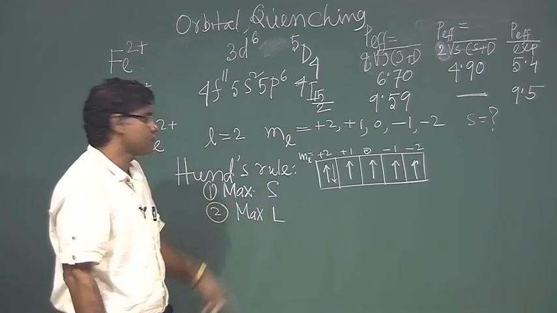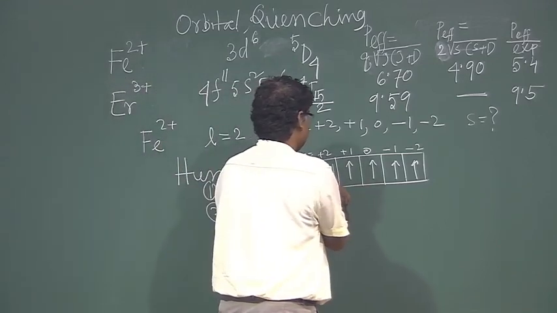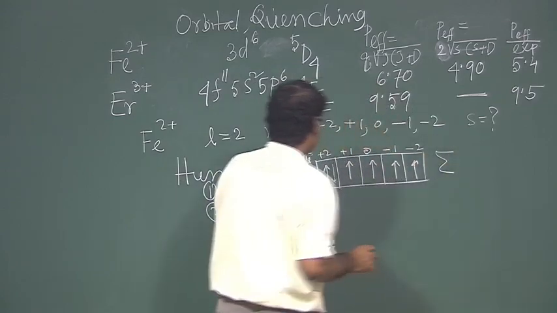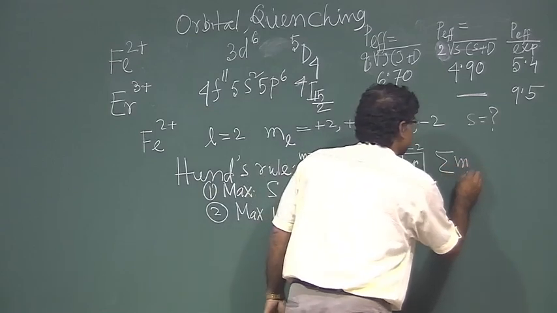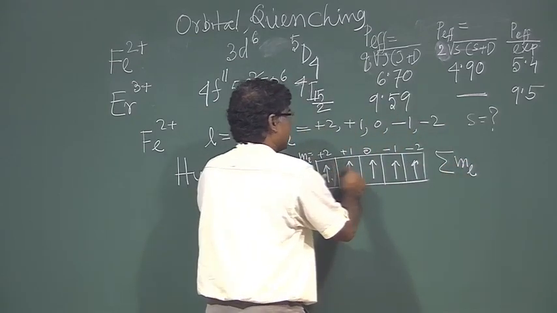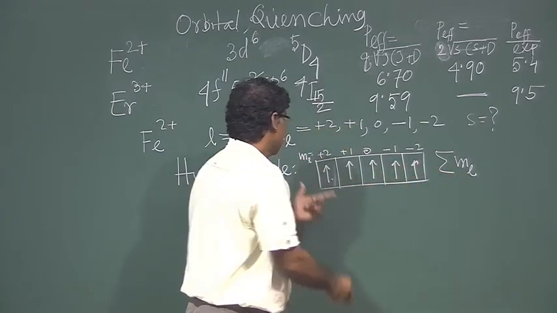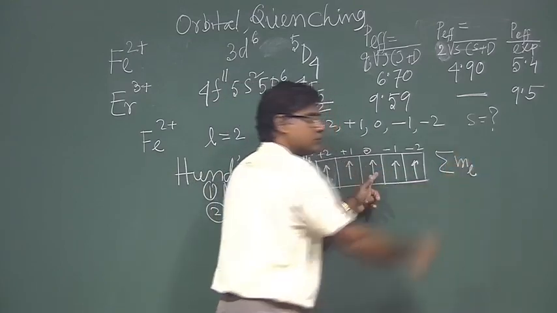Okay. So, what is the L value for this combination? That is basically the summation of ML. Before putting this one, the summation is 0, right. Now, if I put it here, ML will be 0.